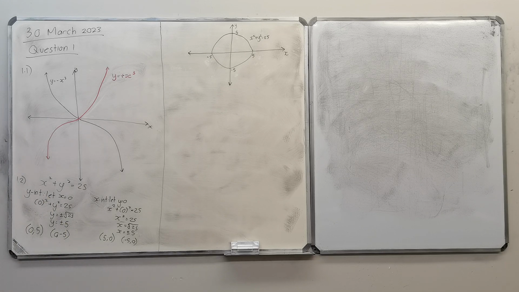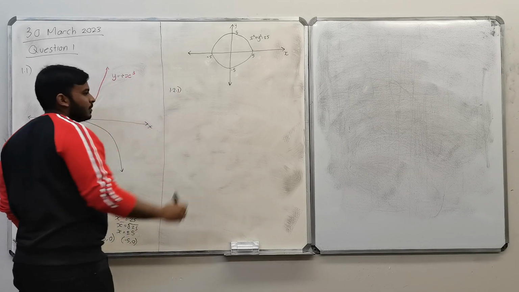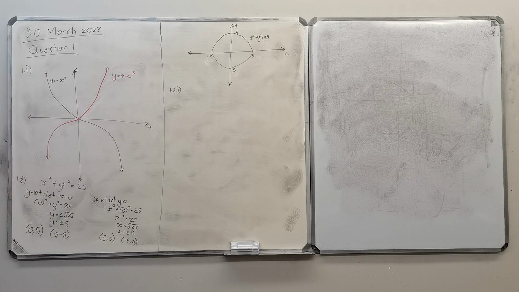Then they ask you, is the graph x squared plus y squared a function or a relation? What's a relation? A relation is when, for every value of x, you get more than one y value. A function is when you have one x value and get one y value.